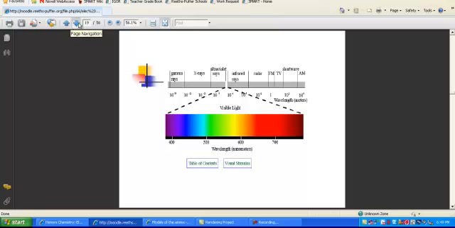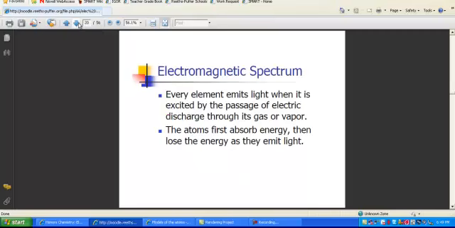And that electromagnetic spectrum of the visible light wave happens to denote the electron transfer.